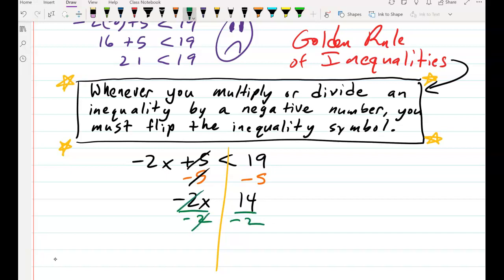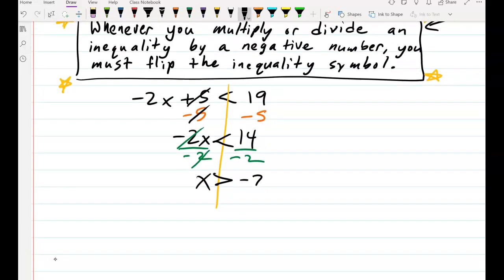Those negative 2's cancel each other out. And x, whoops, almost forgot, sorry. Negative 2x is less than 14, but now we divide by the negative 2. We have to flip the inequality so it's facing the other direction. And 14 divided by negative 2 is negative 7. X is greater than negative 7.